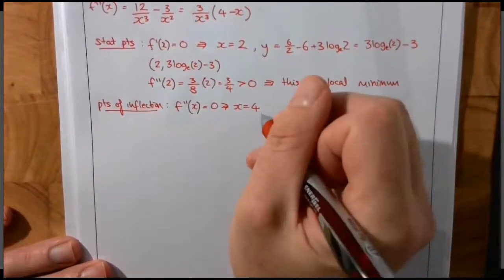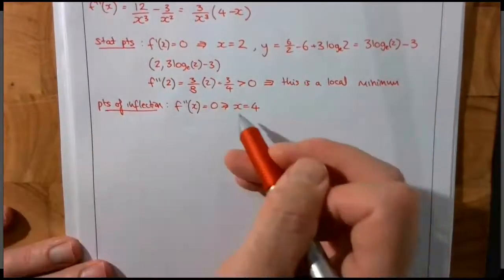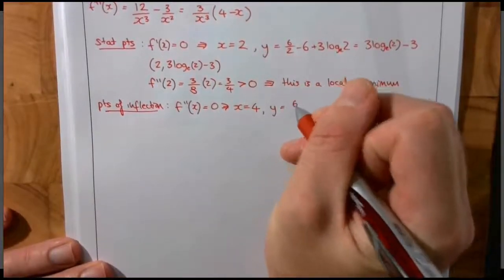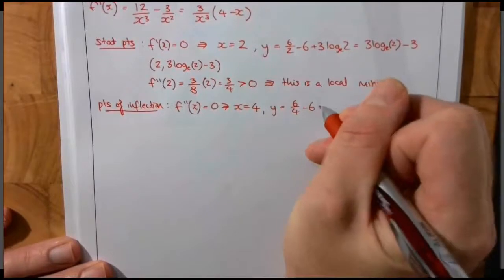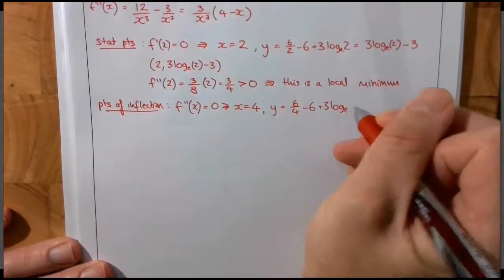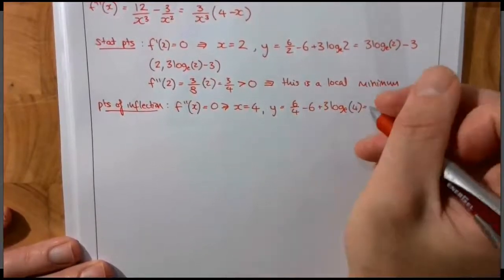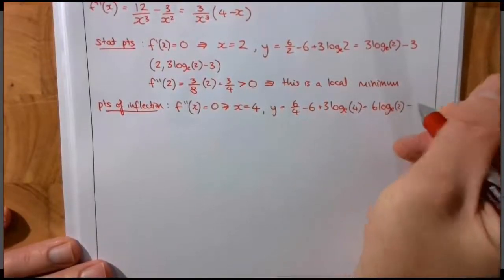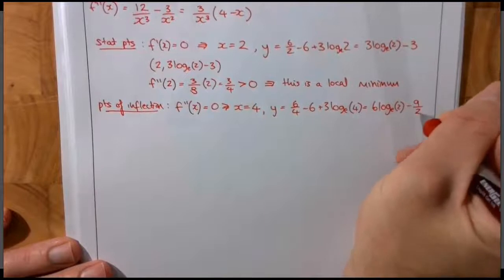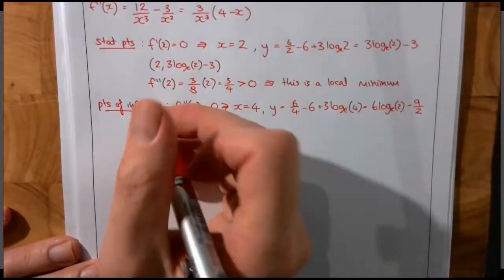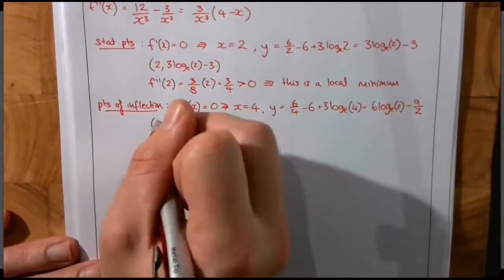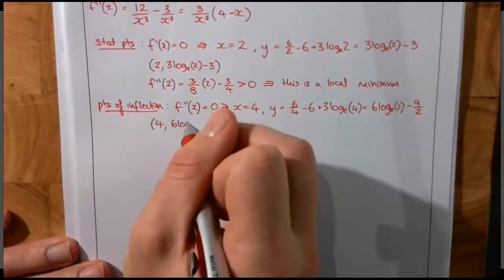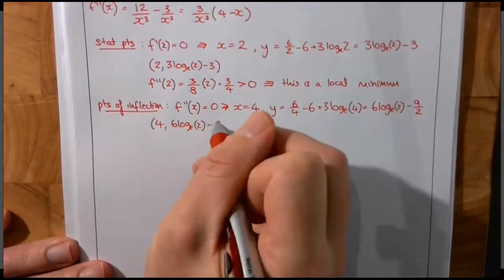And at that point, similar to what I did before, I can substitute in and work out the y coordinate as 6 log 2 minus 9 over 2, I think, as you work that through. So that's going to give me a coordinate of 4 and then 6 log 2 minus 9 over 2.